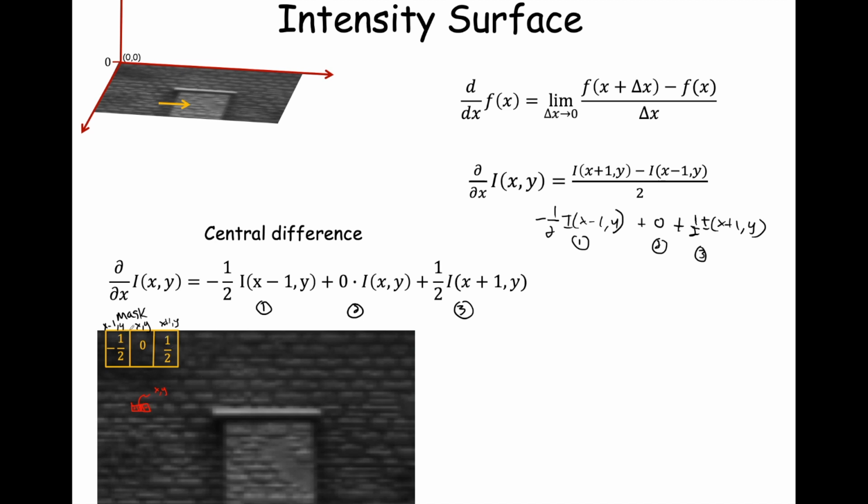And so I do this centering the mask at each position xy in the image. So at this position, at this position, at this position, and I slide that mask over 1 pixel at a time. Now, computationally, if you get to the point where the center position of the mask is here, and the right-hand side is off and the left-hand side is on, you just pad a value and compute that as your slope.